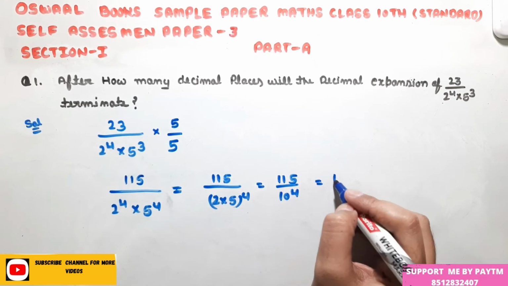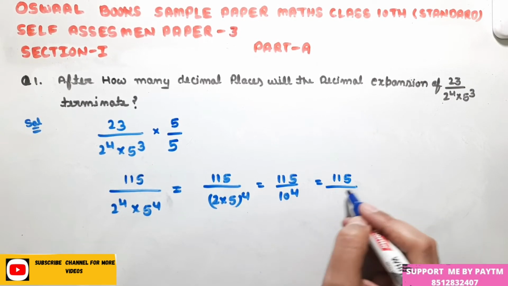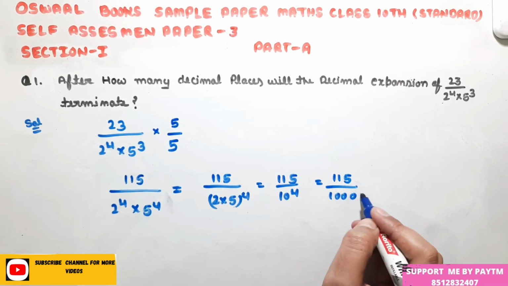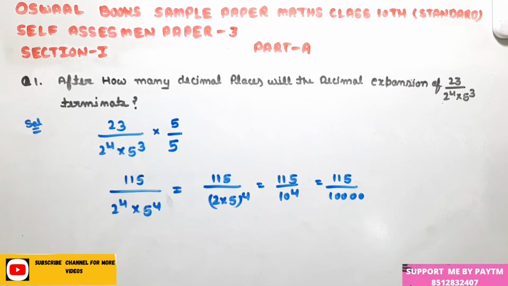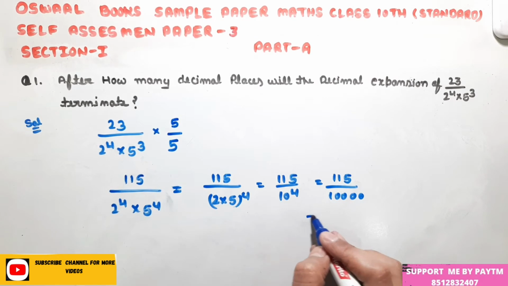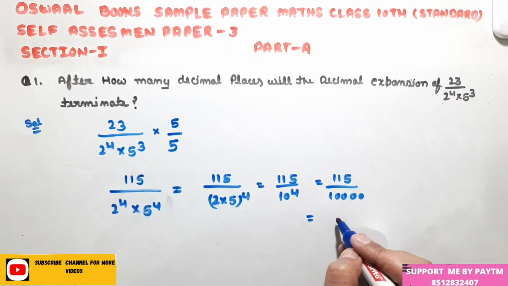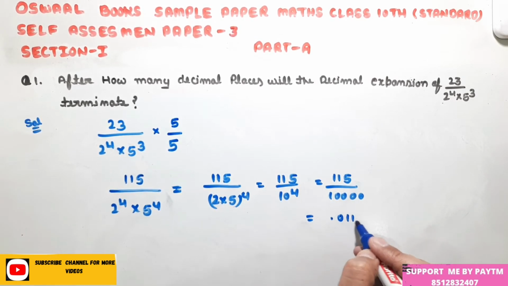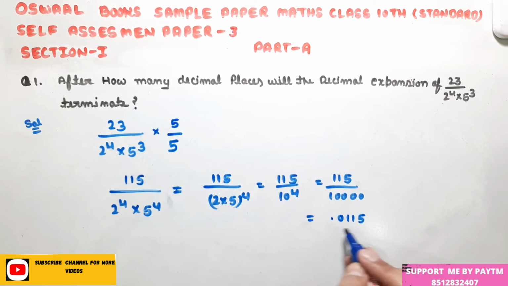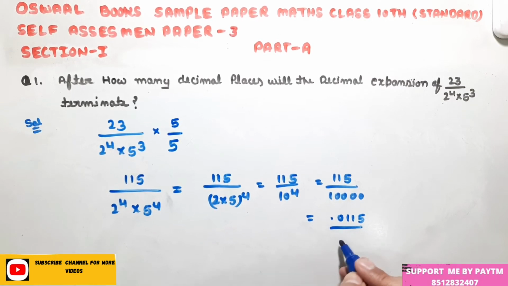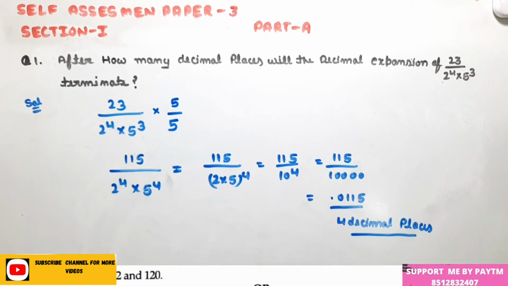So 115 upon 10 to the power 4, that is 10,000, will be 0.0115. So it will terminate after 4 decimal places. This is our answer.